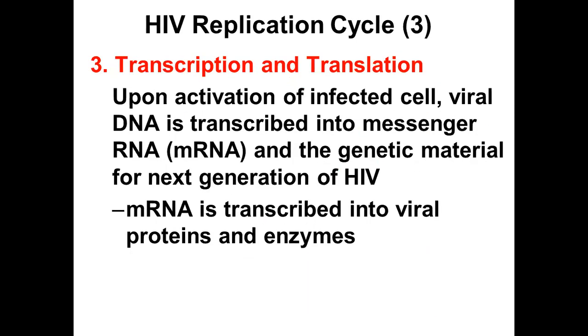In transcription and translation, there is an activation of the viral infected cells, and this is transcribed into the messenger RNA, and this messenger RNA is conveyed to the next level.